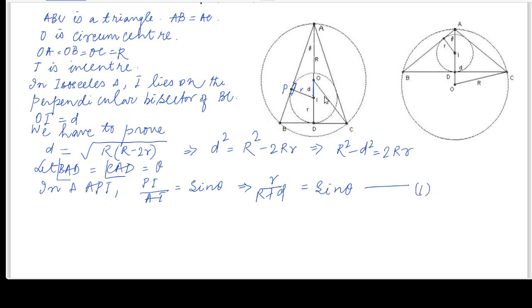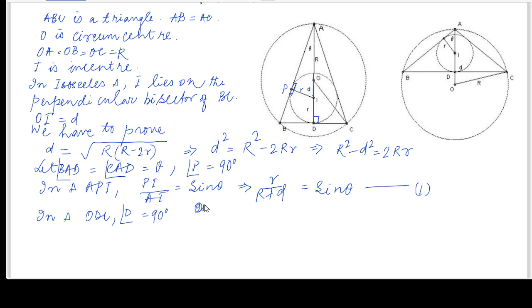Next, coming to triangle ADC. O lies on the perpendicular bisector of BC, so angle D is 90 degrees in triangle ODC. Here the angle is theta, and here I forgot to mention that angle P is 90 degrees. So I can apply the trigonometric ratio again.